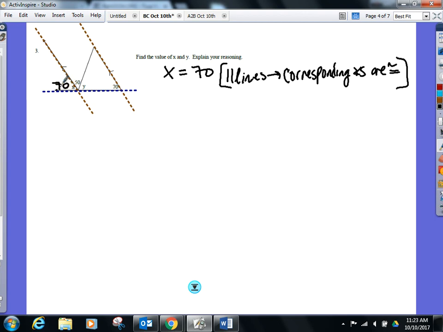All right, what about the Y now? What about the Y? Well, the Y is inside. It's part of an angle that's inside, right? Okay, any thoughts here on how to get to Y here? Types of angles? Sean, speak. Y and 70 are supplementary. What type of angles do you think they are?